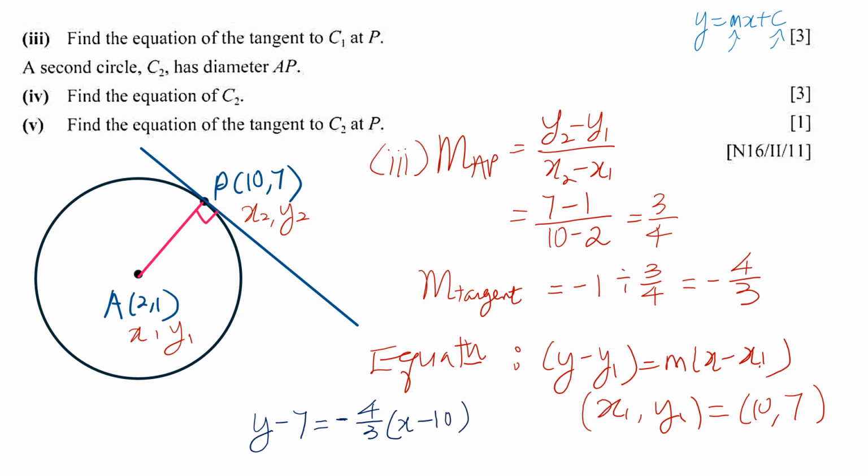So that simplifies further. That will give you y equals negative 4/3 x plus 40/3 plus 7. And that will give you y equals negative 4/3 x plus 61/3. So this is how we find the equation of the tangent line at point P.